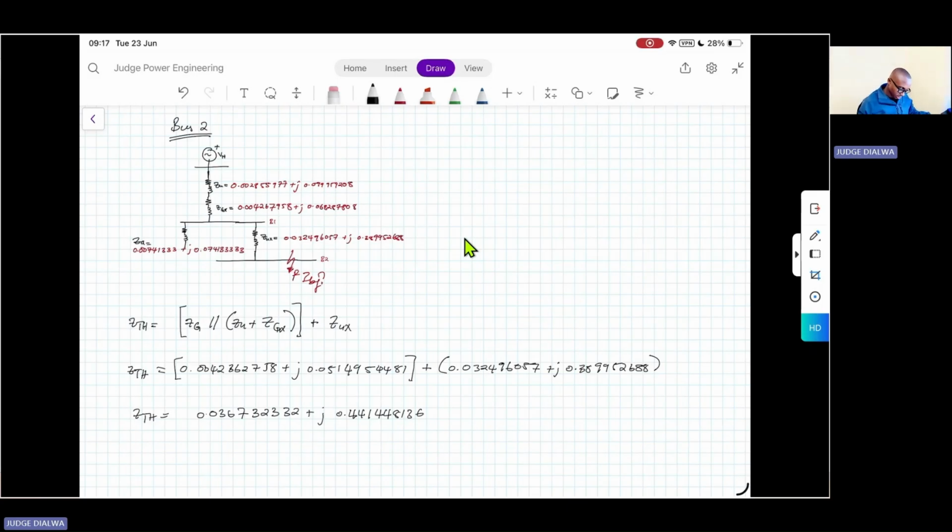In polar, for us to get the magnitude, we'll convert this rectangular impedance to polar, and that will be 0.442973724 at an angle of 85.24 degrees.